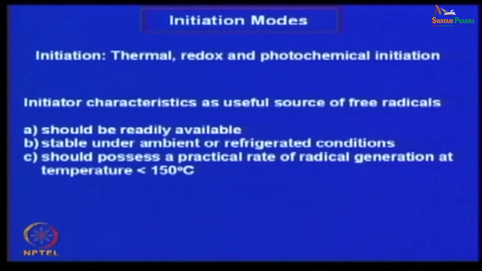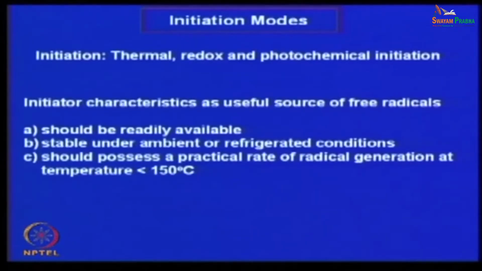I have mentioned in general that an initiator decomposes to produce two primary free radicals. What are those initiators and how are they decomposed? That means they must be excited by different forms of energy, maybe thermal energy, maybe light energy, or maybe chemical energy.